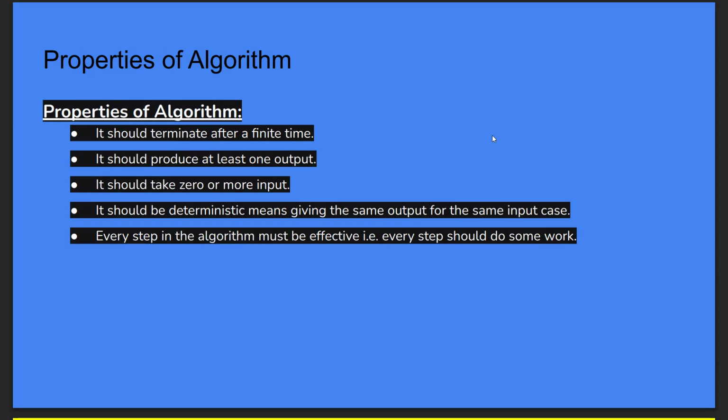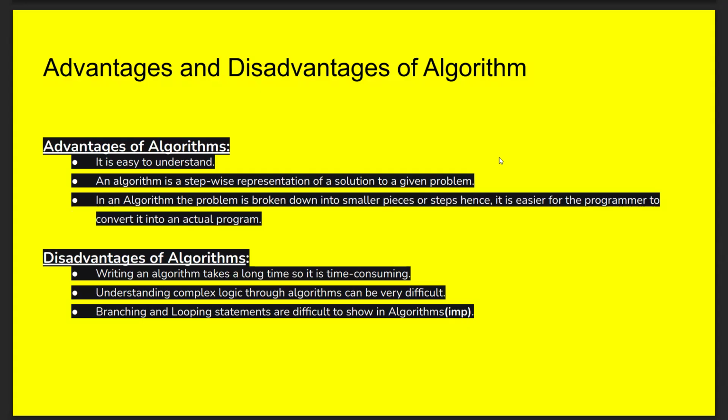So by performing that work, we are able to produce an effective and optimal solution for the given problem. So these are the properties of the algorithm.